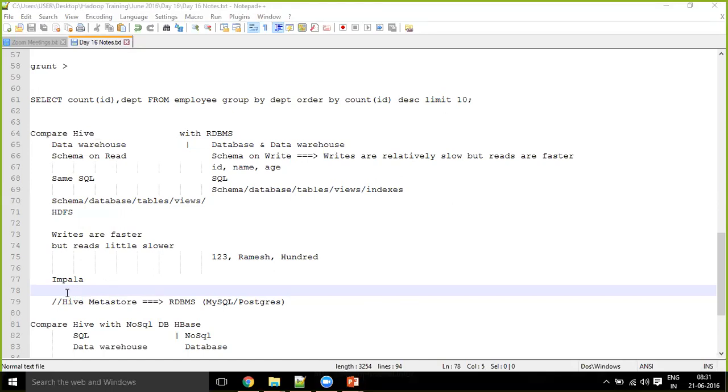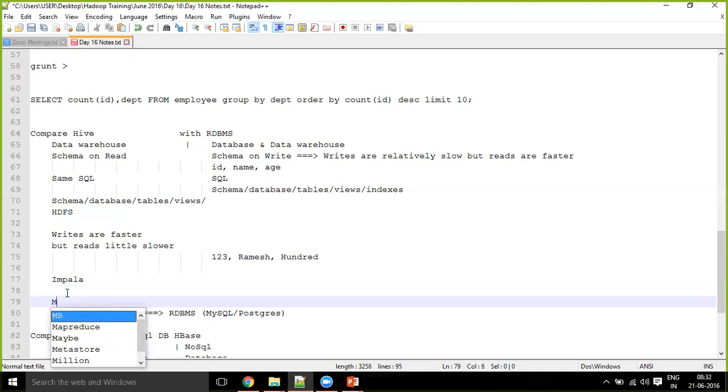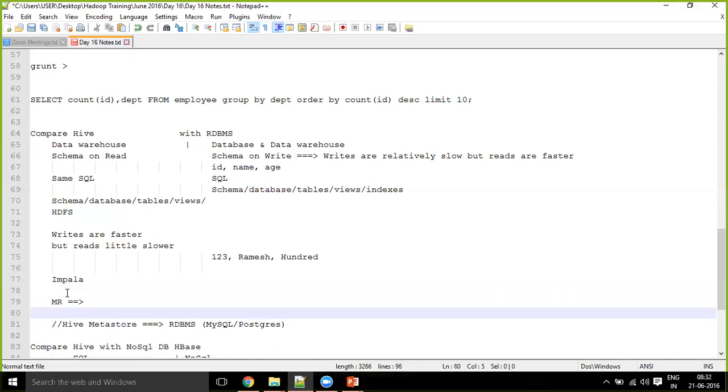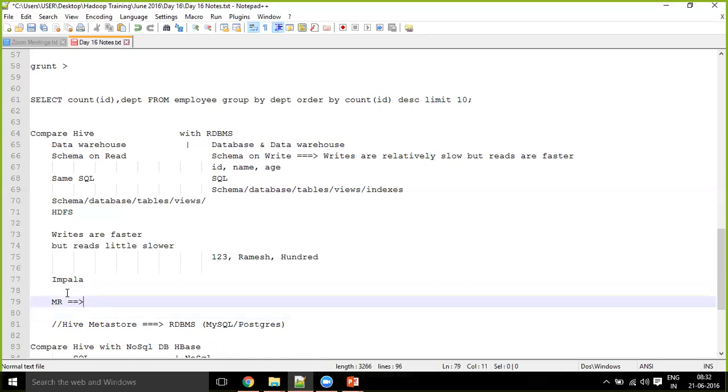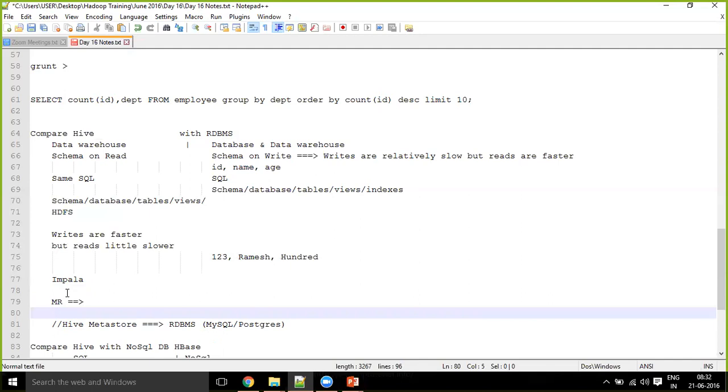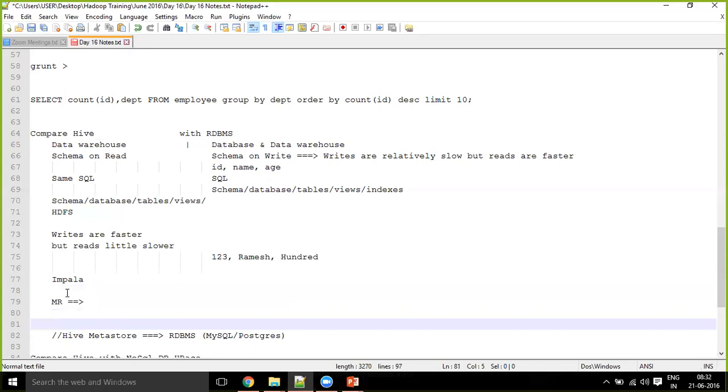So as of now, with the tools that you have learned so far, you have an option of coding it in MapReduce. But since this is batch-oriented performance-wise, and it takes relatively longer time, you have to go for Spark, which is the next buzzword, at least for a couple of years.